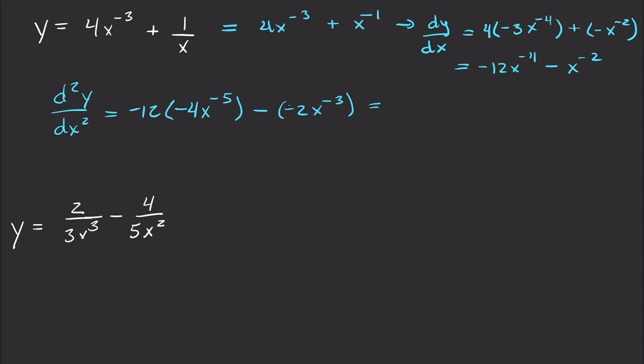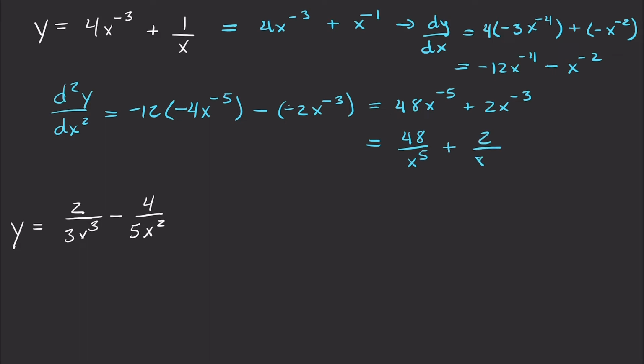Minus and minus will be positive 48x to the -5th. Minus and minus again will go positive, and I'll have plus 2x to the -3rd. And now, if I want, I can simplify this by making my exponents positive. So that'll just move my x's to the bottom.